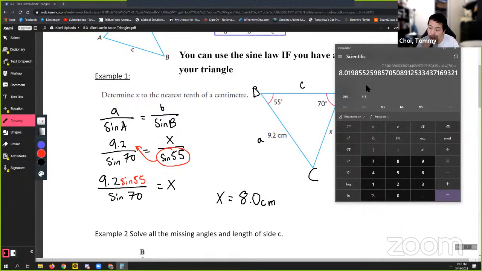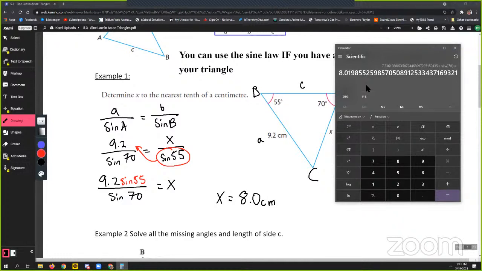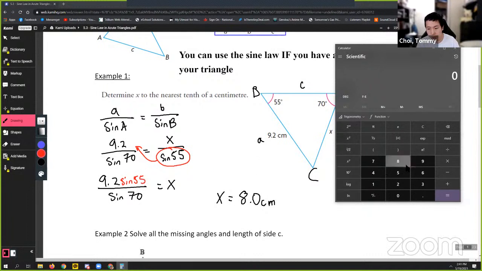You just got to be very careful with how you're typing it in. So going from left to right, 9.2 times 55 sine, equals, and then divided by, which is the division sign, 70 sine, equals.